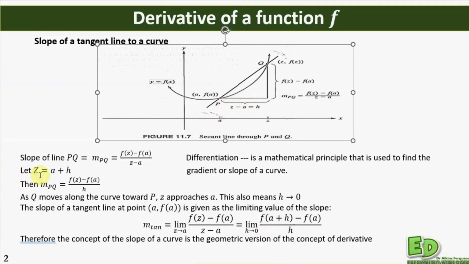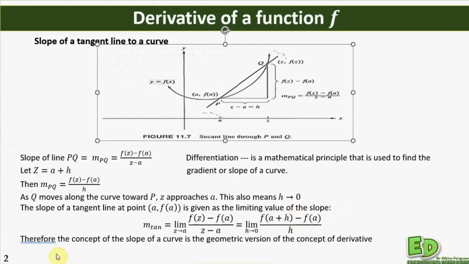So making z the subject, we say let z be equal to a plus h, right? So in this formula, the z is being substituted with a plus h. It's just a basic change of subject, right? Minus f of a all over h, right?